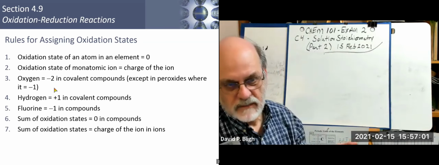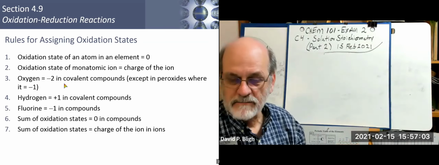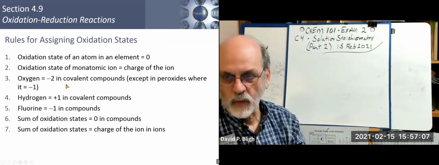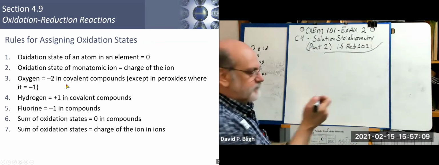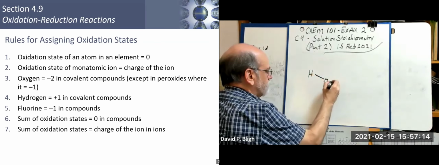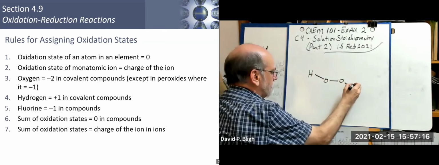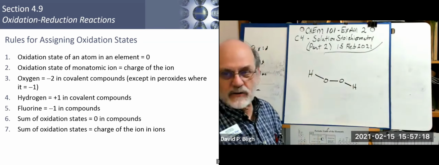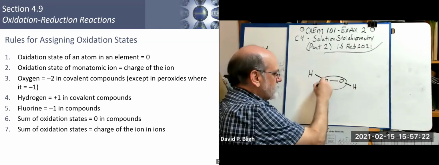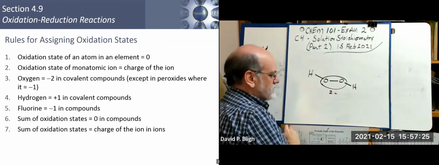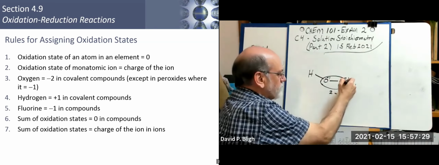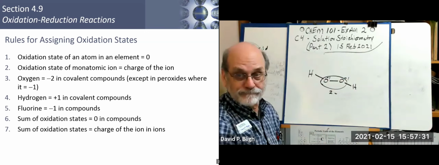There's one exception. Oxygen, when it's combined with itself in a compound, is only -1, such as hydrogen peroxide. Now, both of these together would be a 2- or a -2. Each one is a -1. Okay?